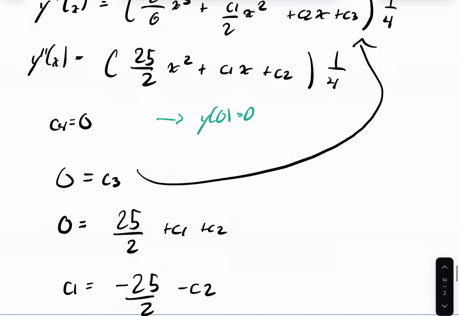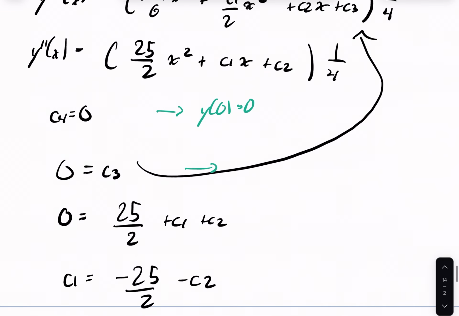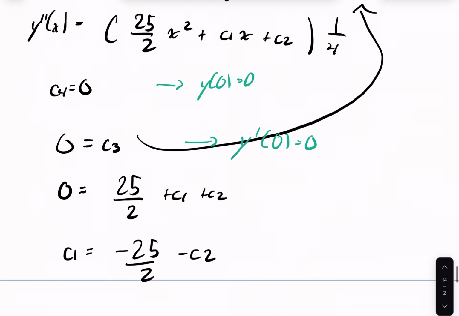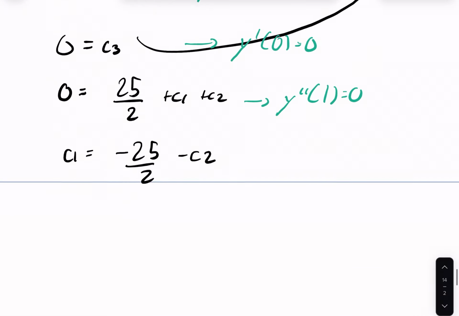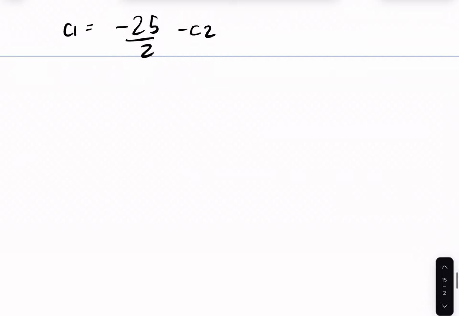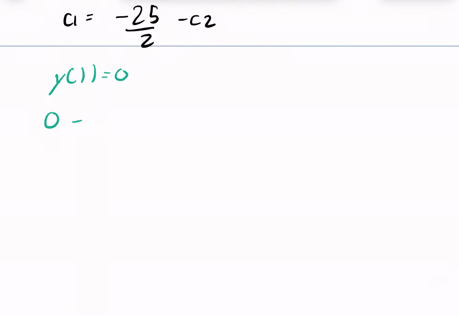This one's also for y prime at 0 equals 0, okay? And then this one is for y double prime at 1 equals 0. Now, I'm going to write down y at 1 equals 0, what this equals.